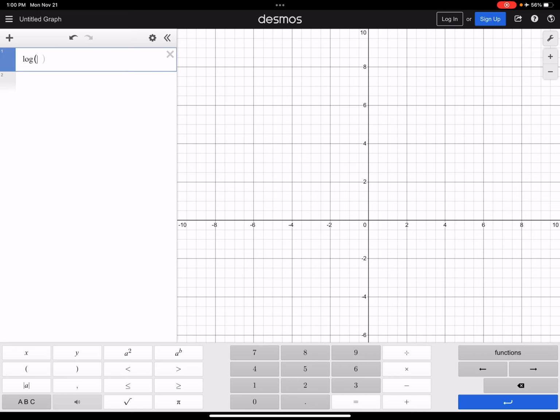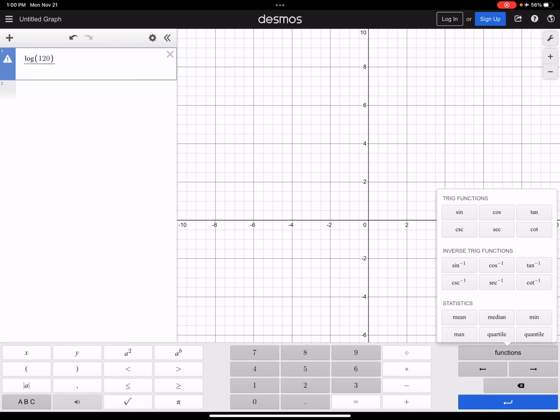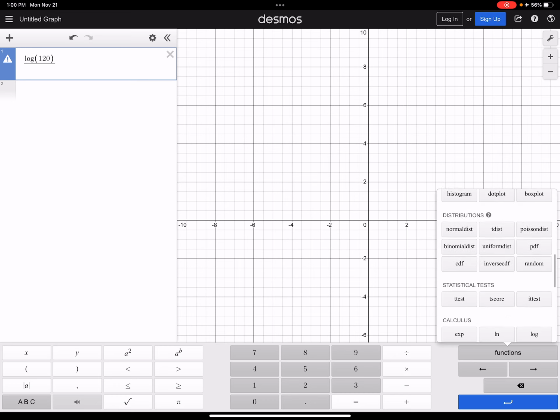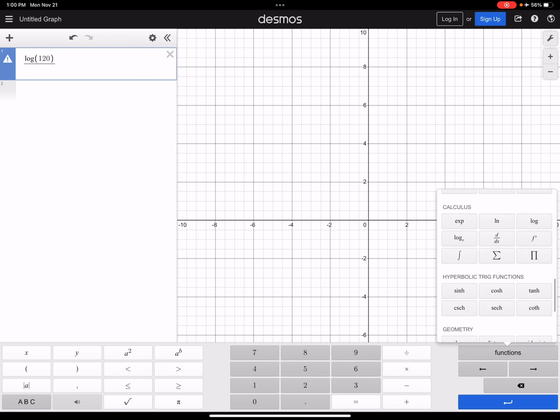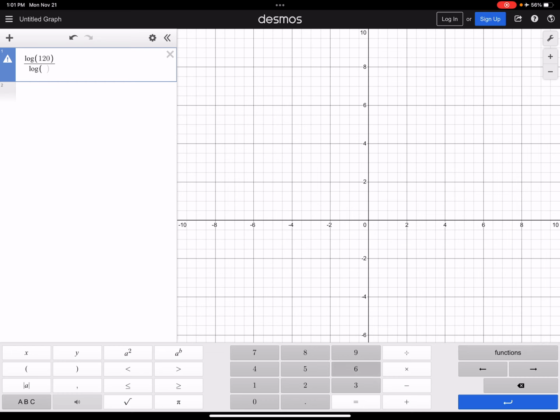There it is, log of 120 divided by, there he is, log of 6.